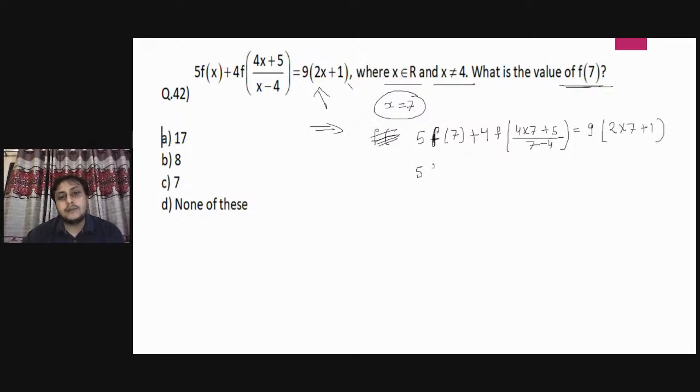So it becomes 5 of f7 plus 4 of f of (28 plus 5, which is 33) upon (7 minus 4, which is 3). So guys, this is f11, and the right side is 9 into (14 plus 1), which is 15.